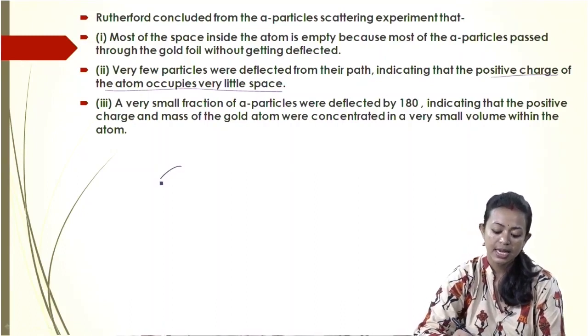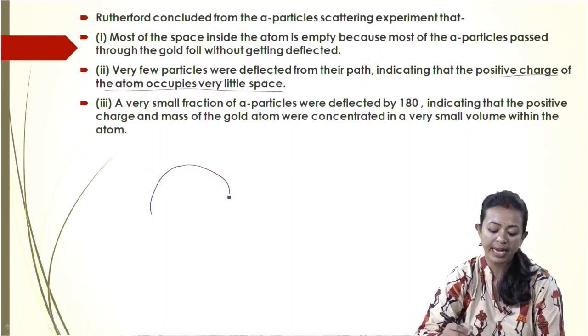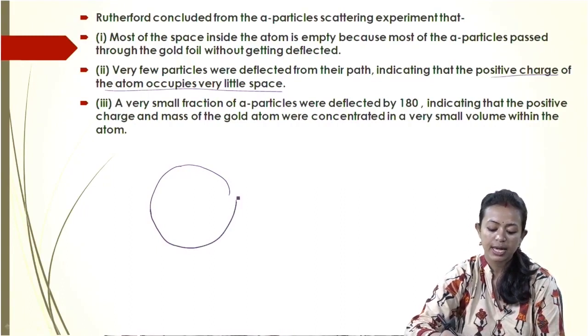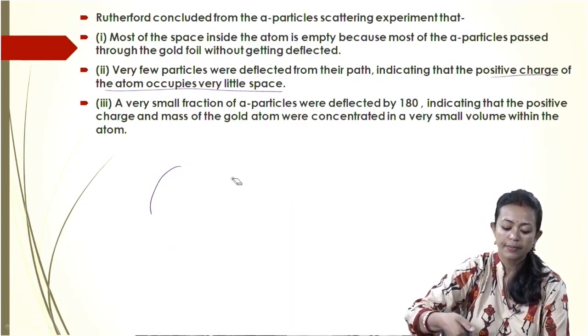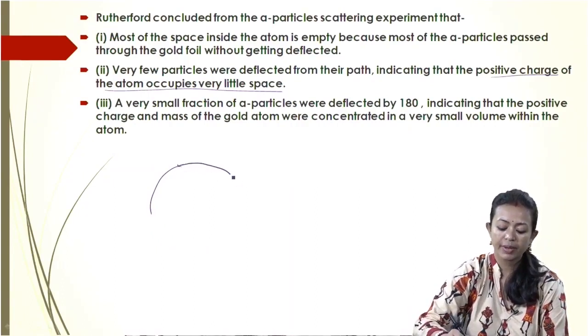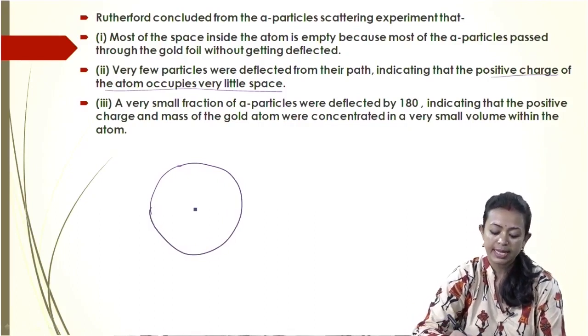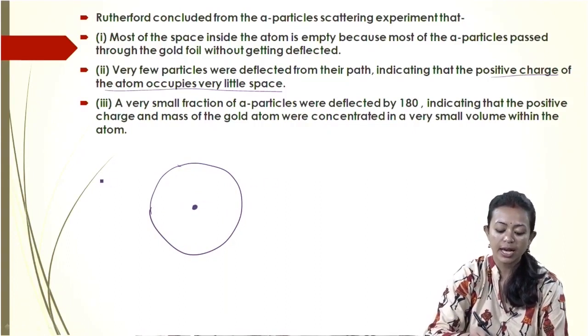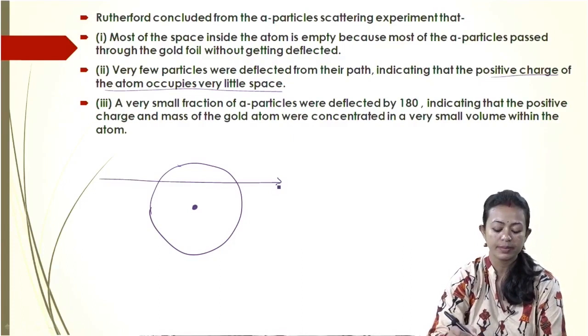If we have to give a diagrammatic representation, this is what the structure of the atom would be. Most of the parts are empty, which allowed the alpha particles to pass through it.